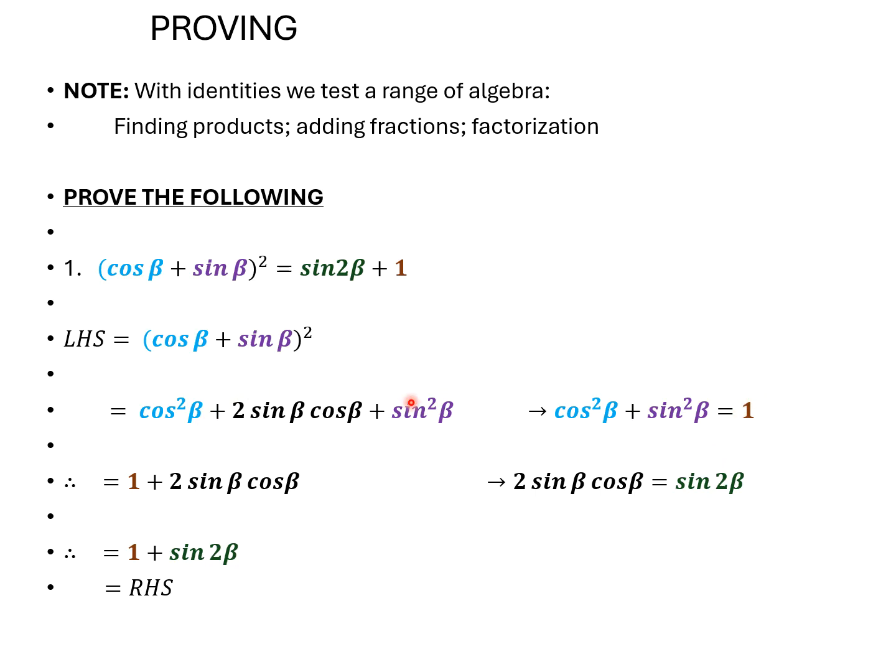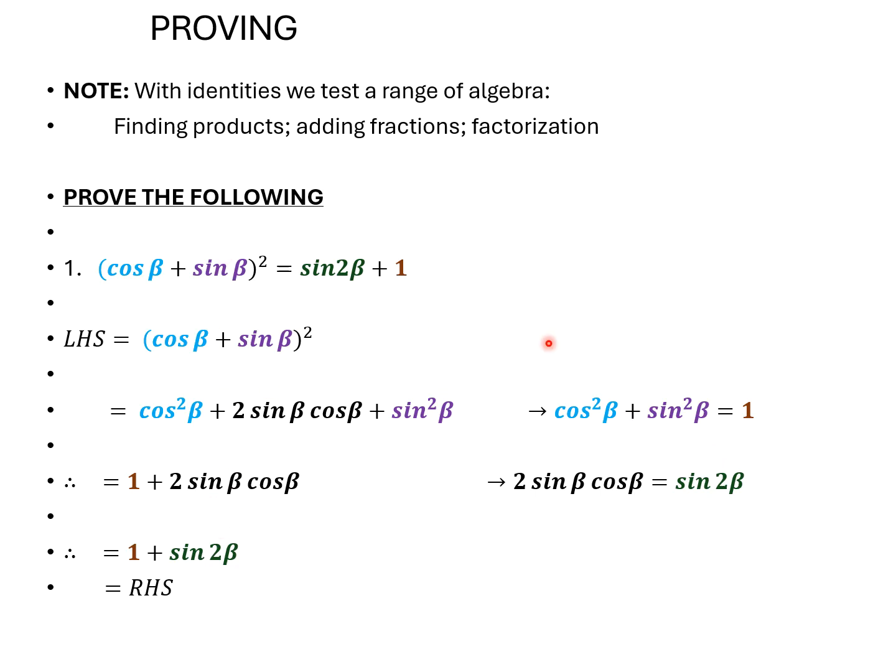So therefore cos squared plus sin squared becomes 1. But I also need to know 2 sin beta cos beta can be reduced to sin 2 beta. It's a double angle. So therefore that becomes 1 plus sin 2 beta. You can see that equals my right hand side. Therefore I've proven that identity.